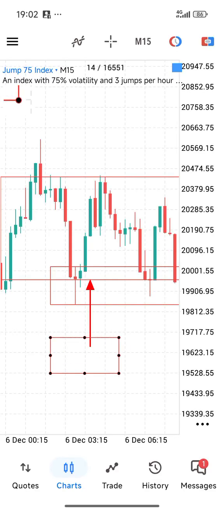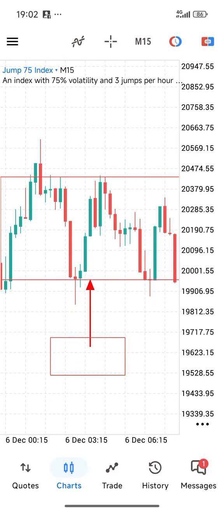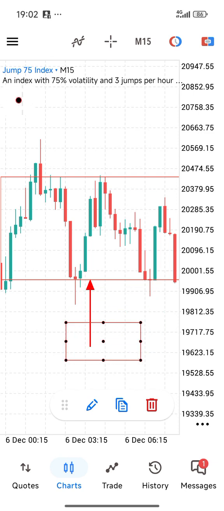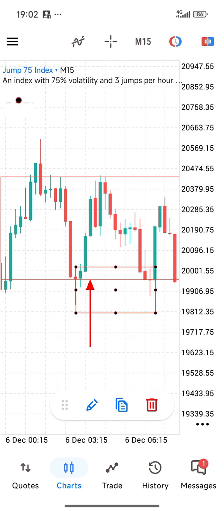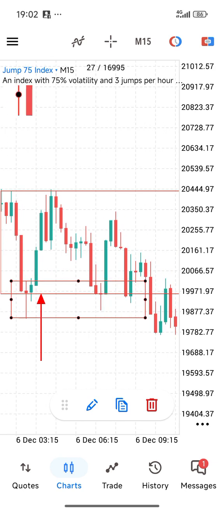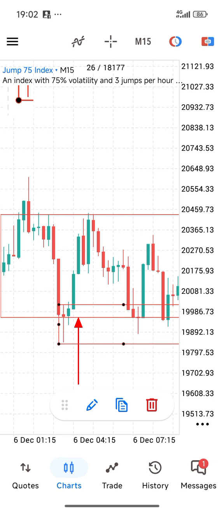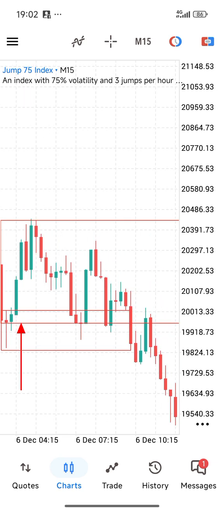Then insert it. You can drag or make it wider for better analysis, to control your POI, so you can watch how the market reacts in it and probably take your trade.